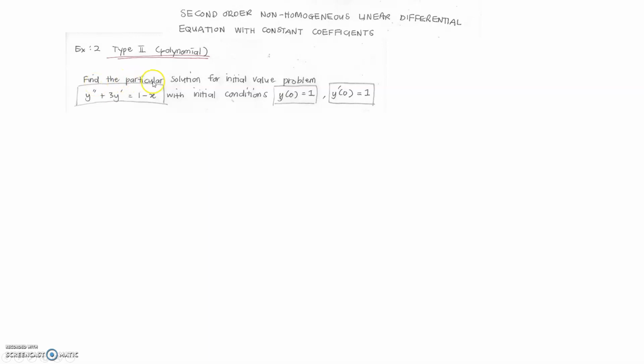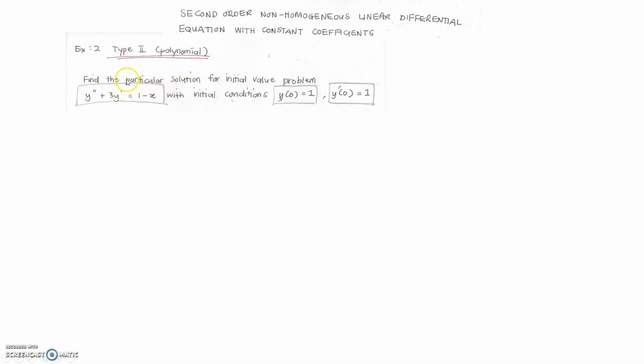is find the particular solution for the initial value problem y double prime plus 3y prime equal to 1 minus x, with initial conditions when x equal to 0, y equal to 1, and when x equal to 0, y prime is equal to 1. Okay, so here you see the keyword, you need to find the particular solution.